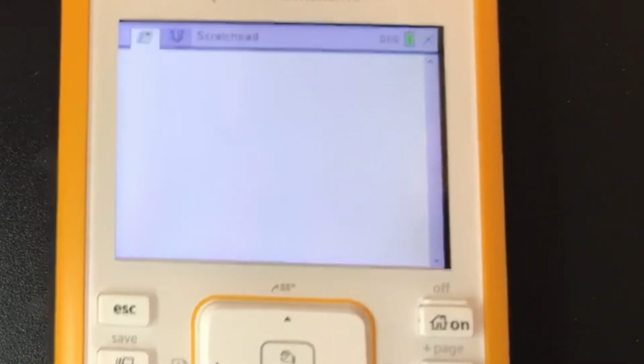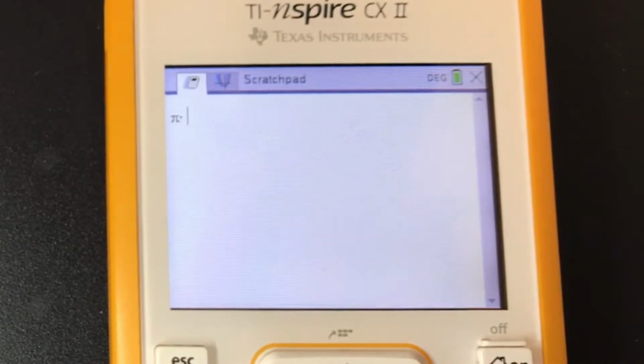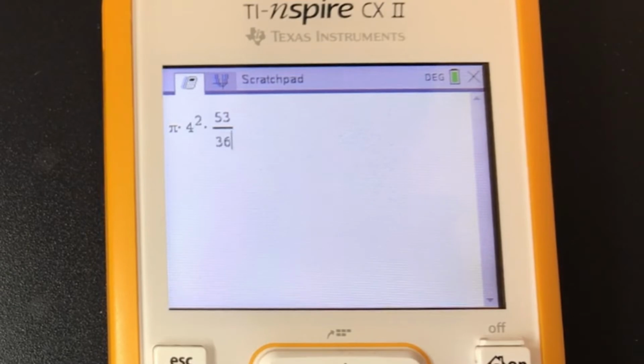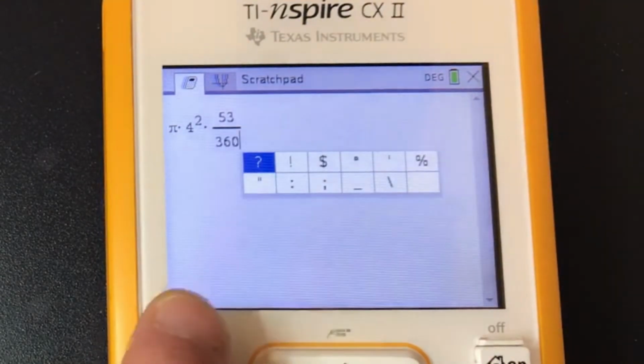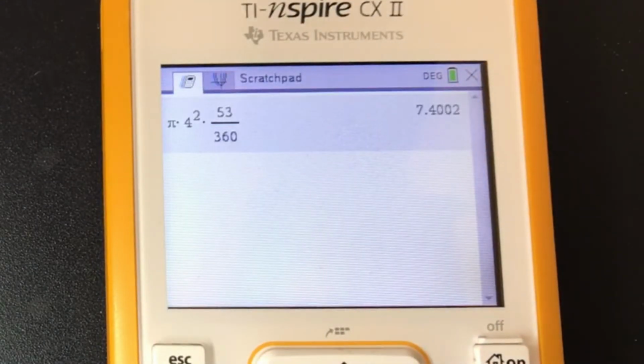Pi times 4 squared times 53 over 360 gives us 7.4.